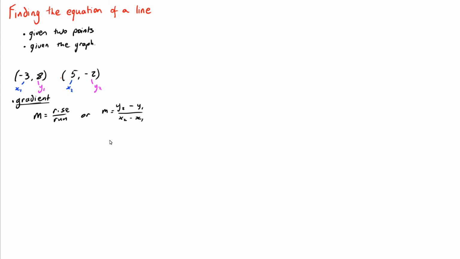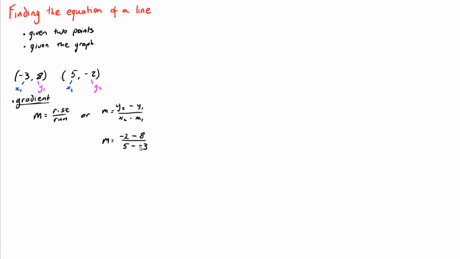When I use this formula to find the gradient, y2 is -2. Then I'm subtracting y1, so in this case it's 8. So I say -2 take 8 on the top. x2 is 5, and x1 is -3, so I'm subtracting -3.